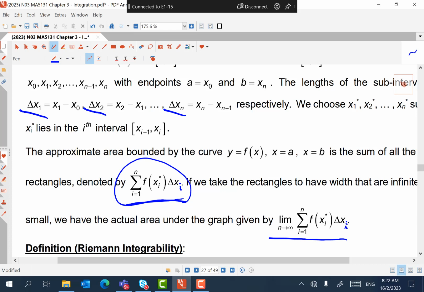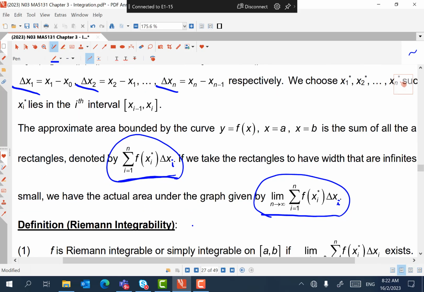If the limit exists. If the limit of this expression exists, then it will give you the area under the graph from one point to another point.